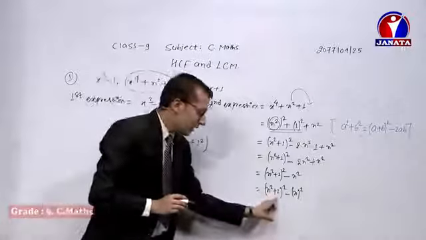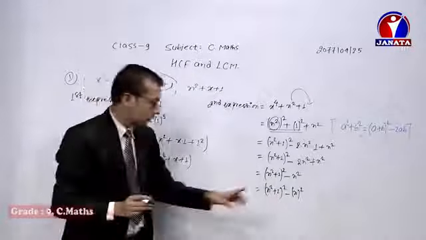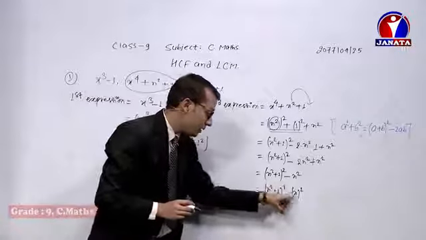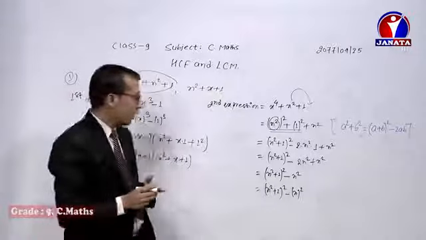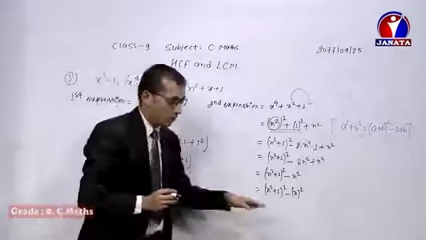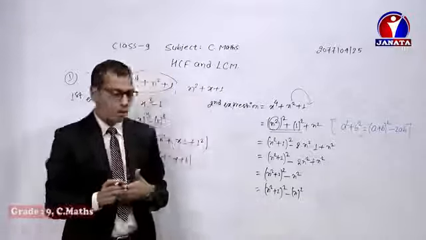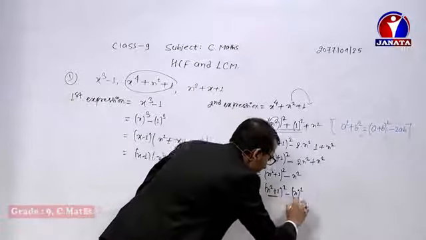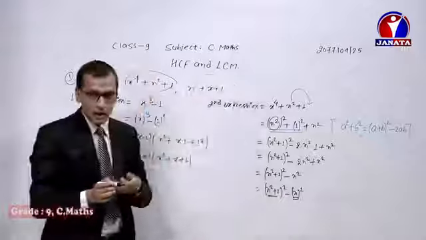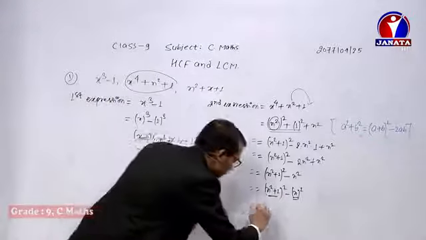This is in the form of a² minus b². We have the formula or factors of a² minus b². Simple. a² minus b² is (a + b)(a − b), so this is a and this one is b.